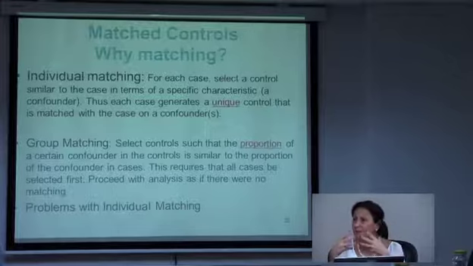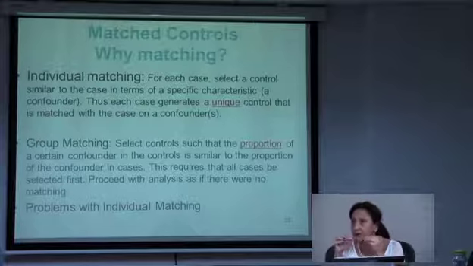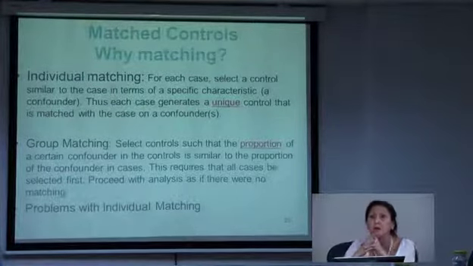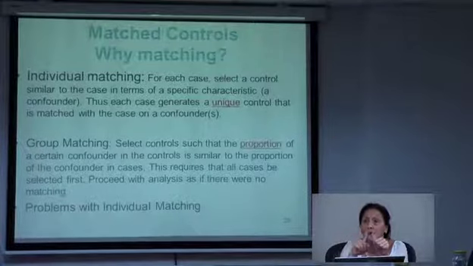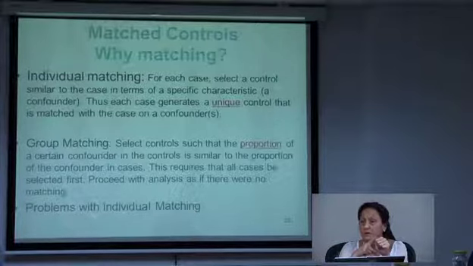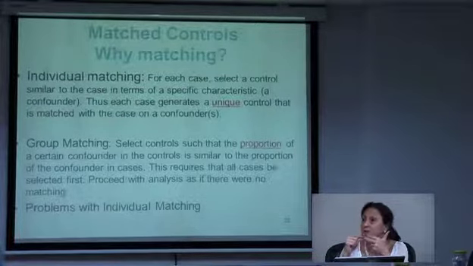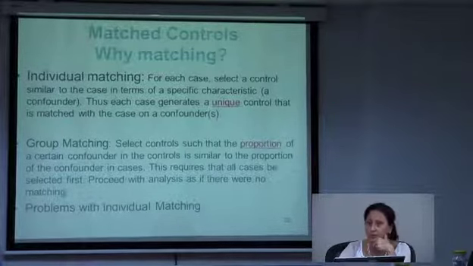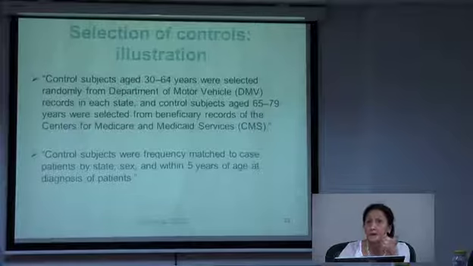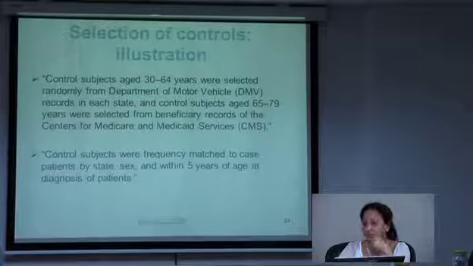So the confounders are age, gender, etc. You pick a few characteristics that you know might affect the result, and you control for them, like what they did in the article. So they controlled for age, gender, and what? Sorry, let me go back. State, gender, age, and diagnosis of the patient.